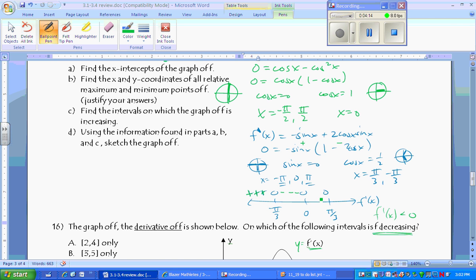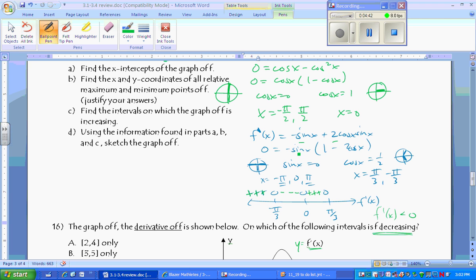Put in pi over 6. Sine of pi over 6 is positive, and with the negative out in front makes it negative. 1 minus 2 times cosine, again, is going to be positive root 3 over 2. This is going to end up being a negative number, which makes the interval positive. And then last but not least, put in a number bigger than pi over 3, like pi over 2.